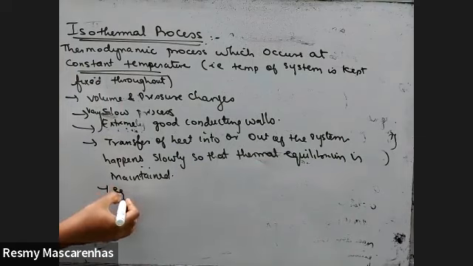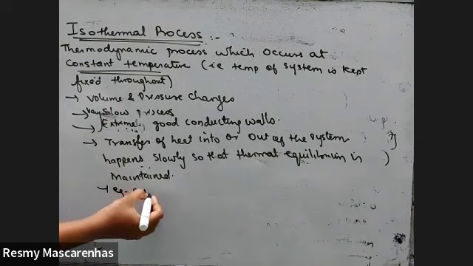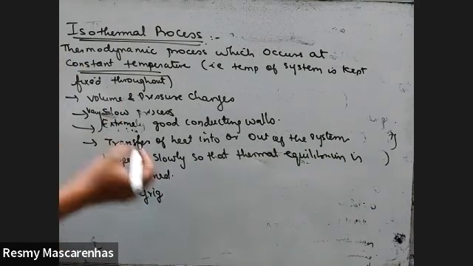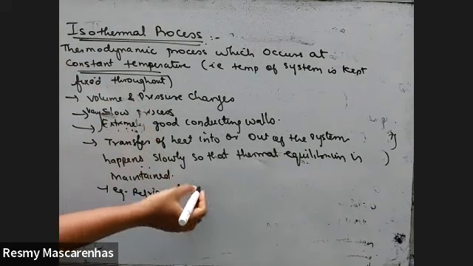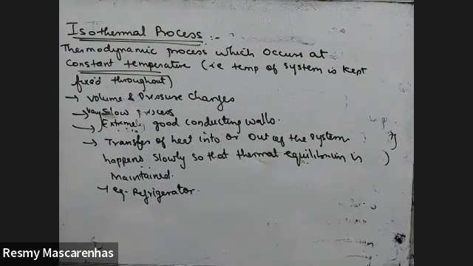Example, the refrigerator. A set of changes might take place in the mechanism, but the temperature inside will always remain constant. What is happening? The heat is removed from the refrigerator and given out to the surrounding.